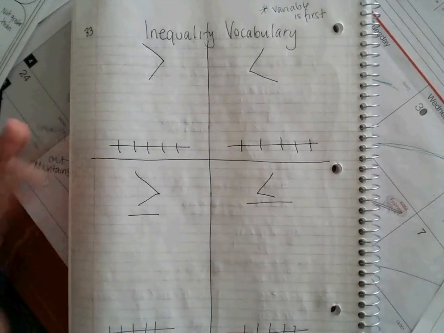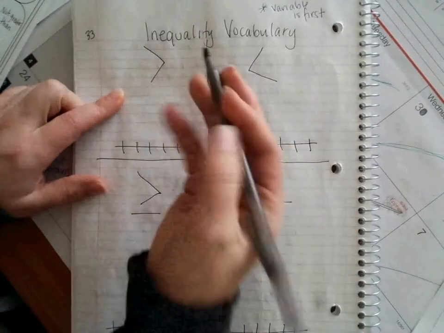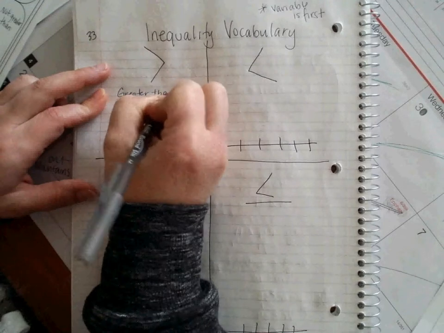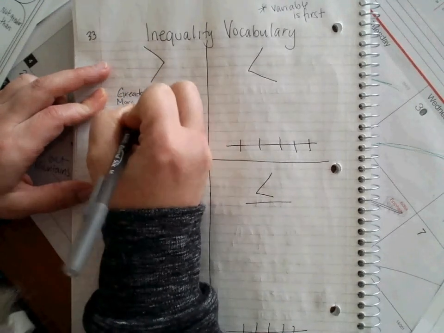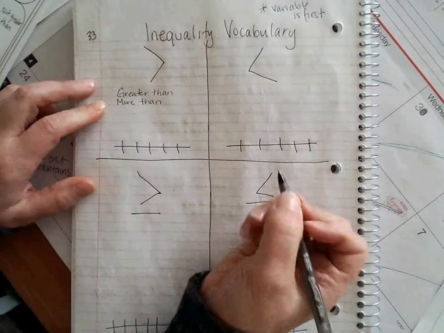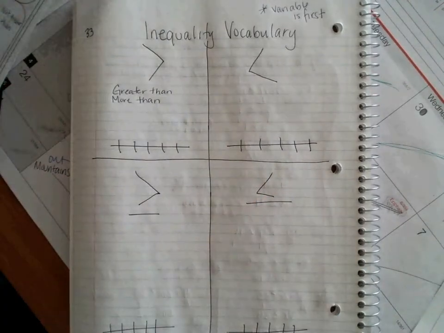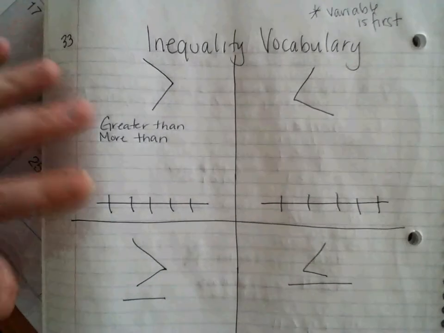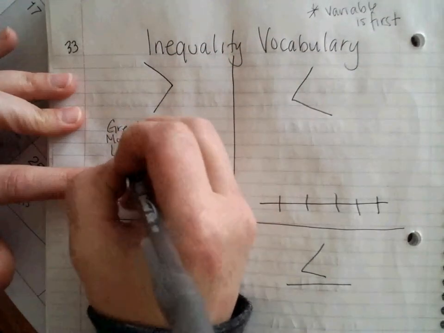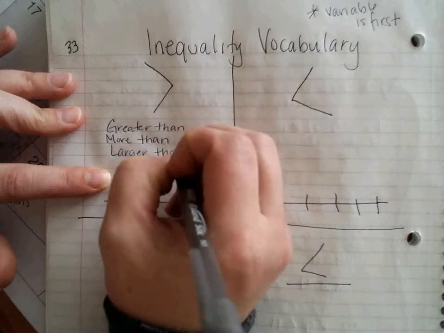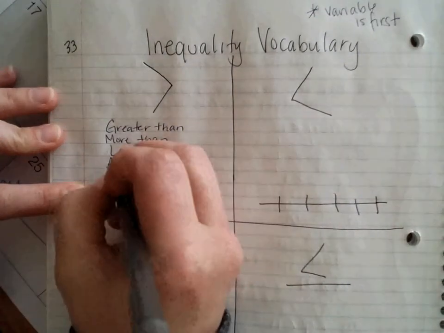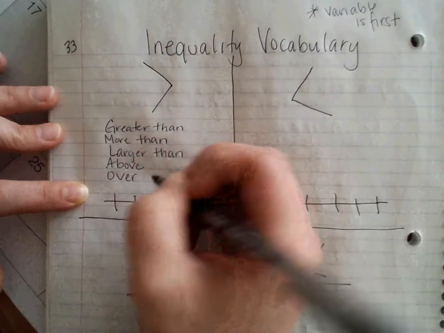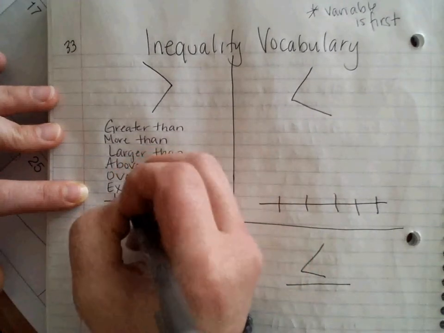So if you want to pause it, write this down real quick, and then I'm going to get started. First one we have is our greater than symbol. So obviously the word is greater than. We also can say more than, larger than, above, over, and exceeds.